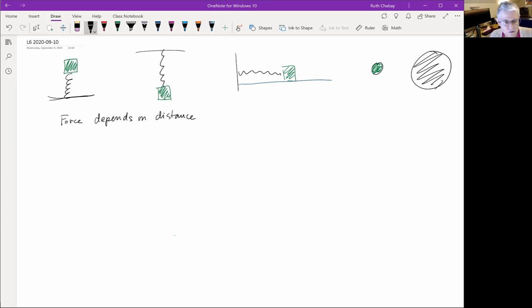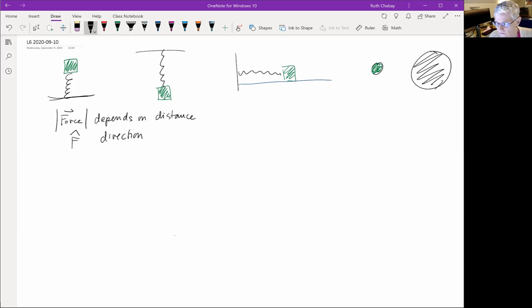And also the direction. This is really the magnitude of the force.